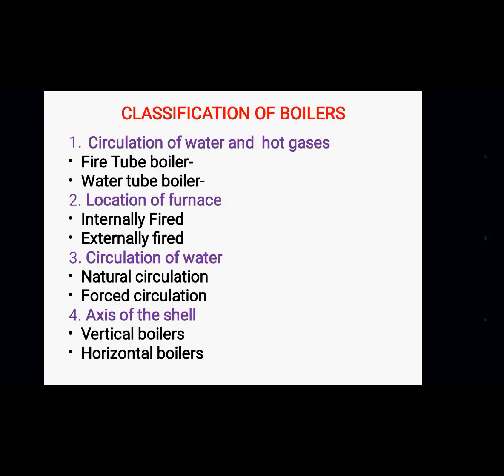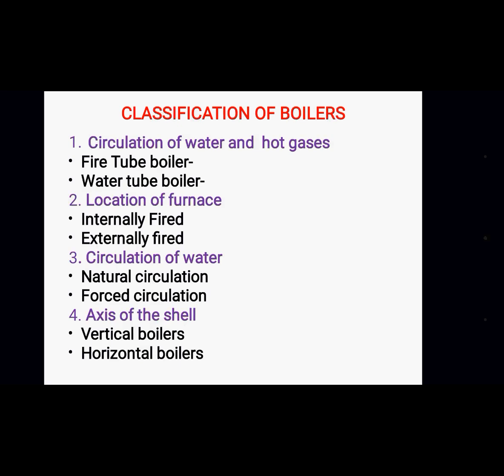Whereas in forced circulation boilers, the water will not be able to circulate on its self weight, so it is dependent on an external pressure developing device, that is a hydraulic pump, to generate pressure. So these are forced circulation boilers.